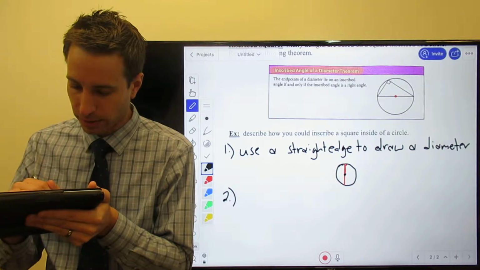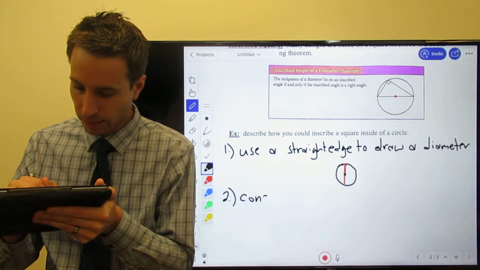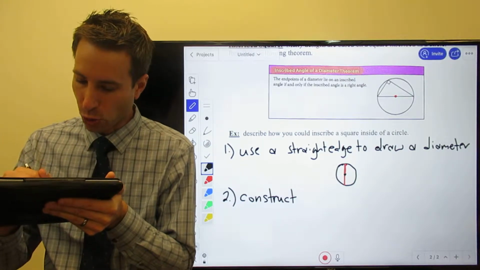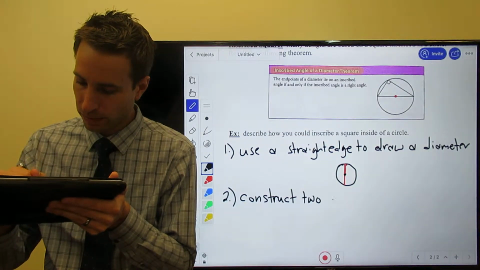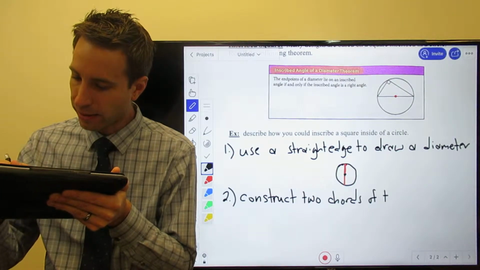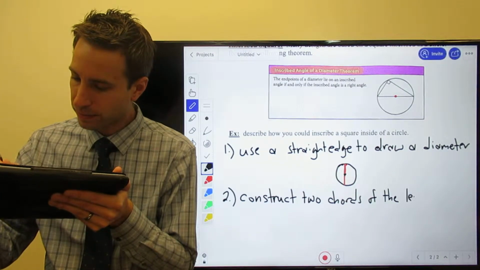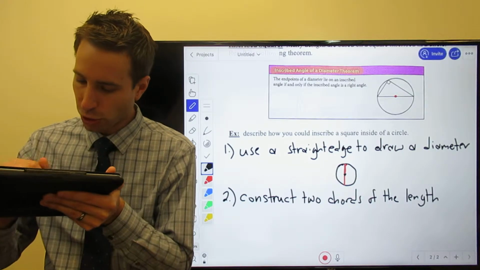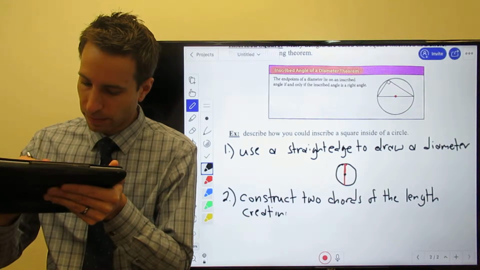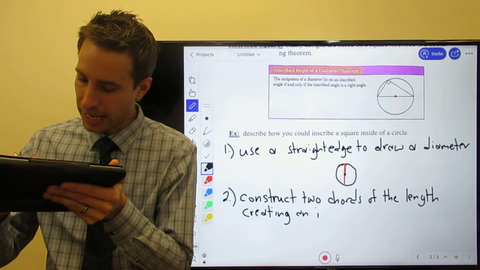So construct, or draw, 2 chords of the same length, creating an inscribed angle.